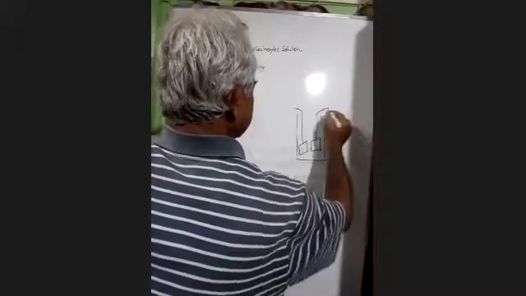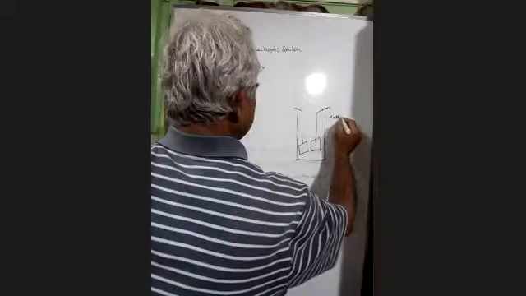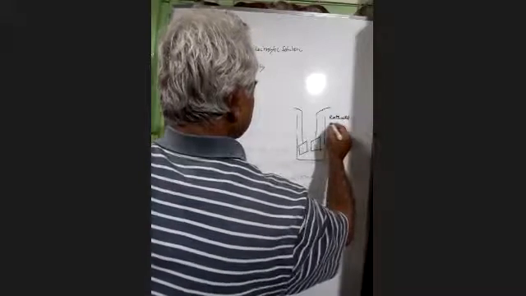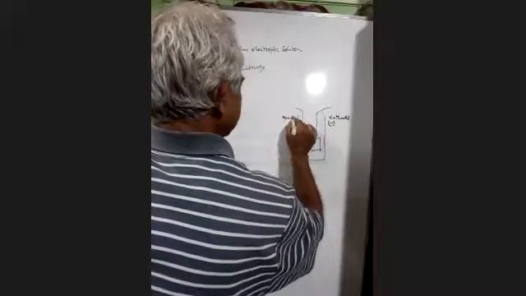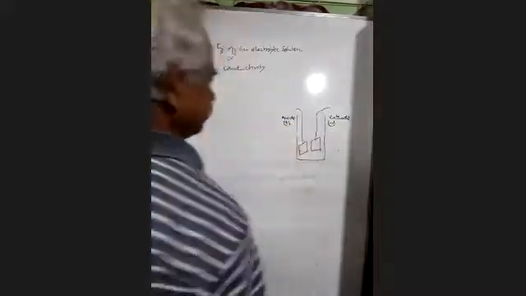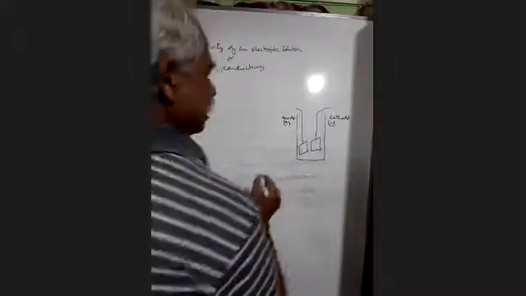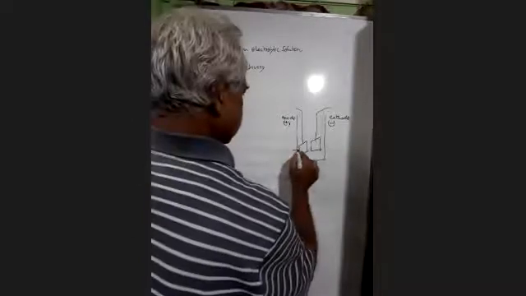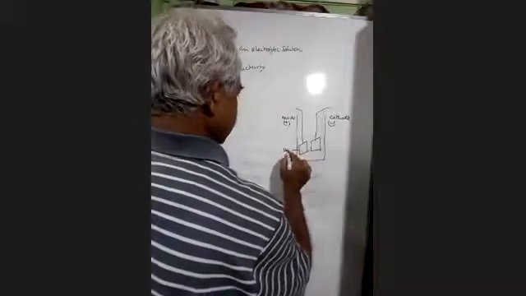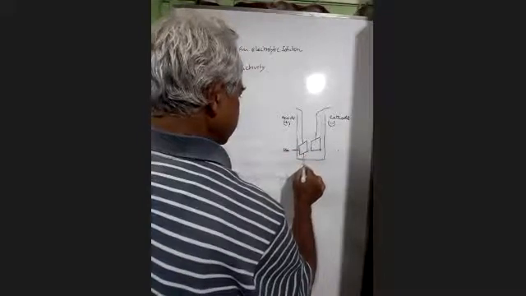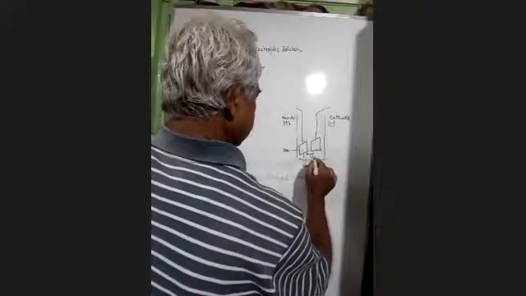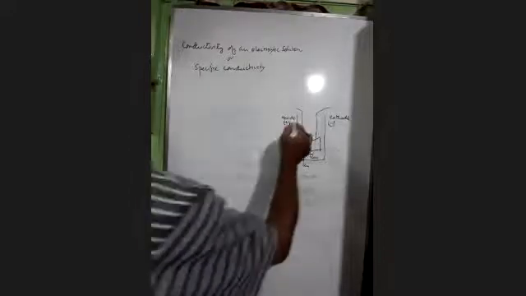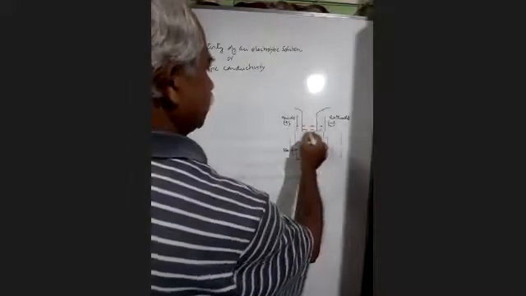Okay, so this is the cathode. Cathode means negative, and this is the anode. Now see here. This is 1 centimeter. This is 1 centimeter, and the distance between here to here is also 1 centimeter, and it is being filled with electrolyte.